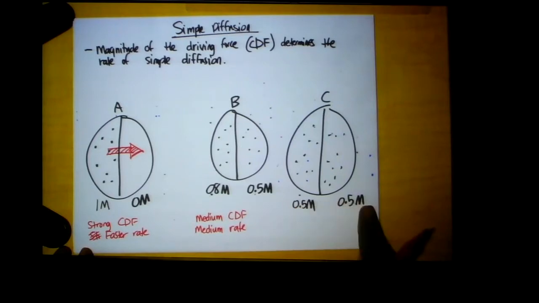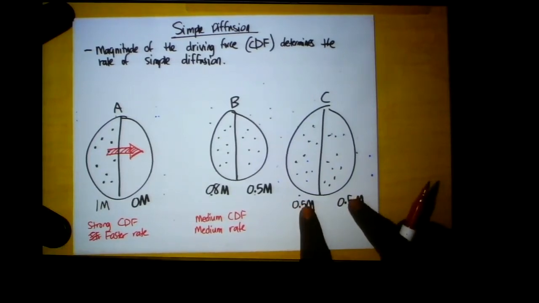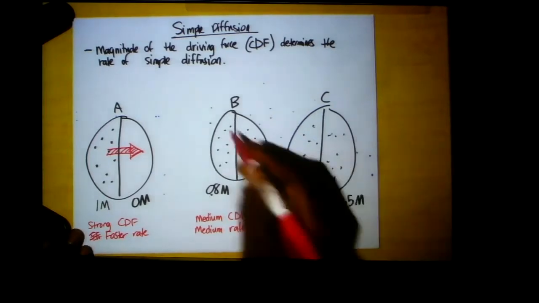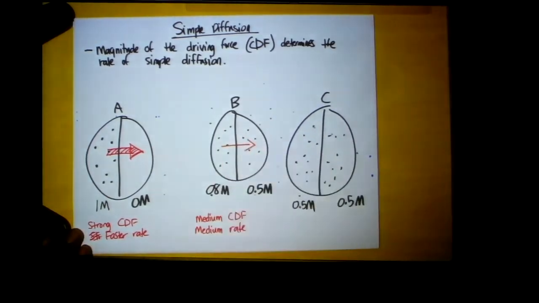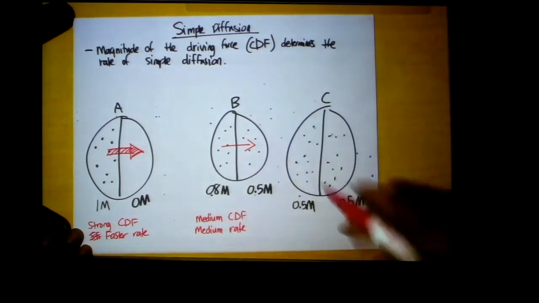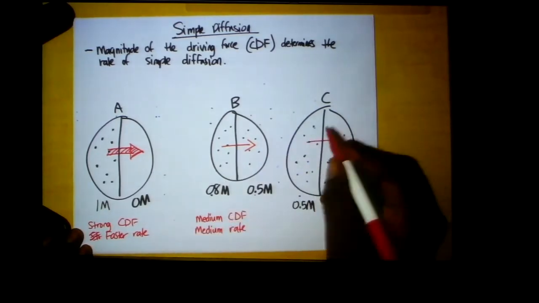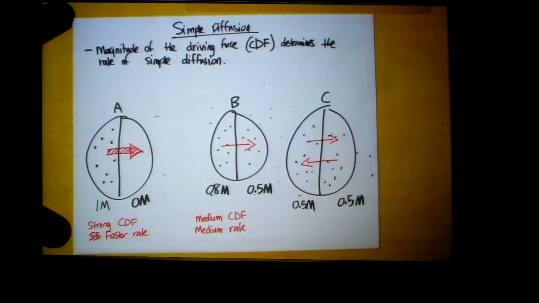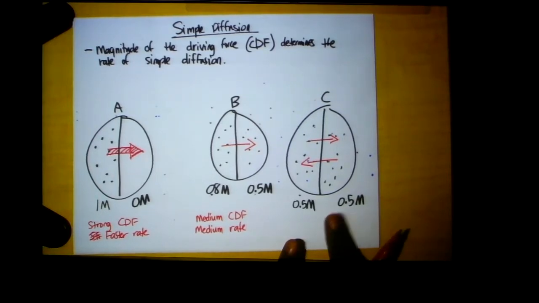We don't, right? The concentration, the amount of solutes on either side of the membrane, is the same. And so while in the previous scenario we had a weaker movement, in this final scenario we have movement taking place in both directions, but this cell is at diffusional equilibrium.